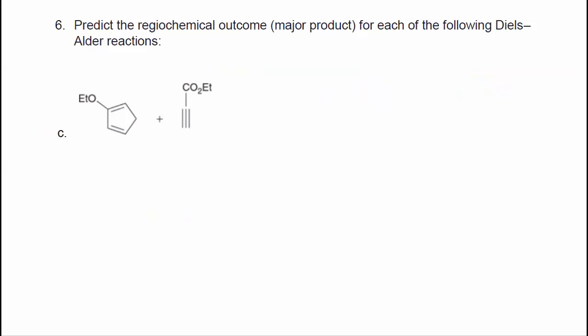All right, let's take a look at this one. This is a similar reaction, but now we're dealing with the alkyne, which means that if our alkyne is the dienophile, we'll end up with a cyclohexadiene. Or something along those lines.